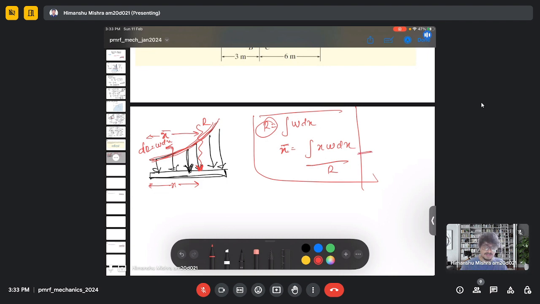And this expression, we have already seen, is a centroid expression, and this expression is actually the area under the curve.